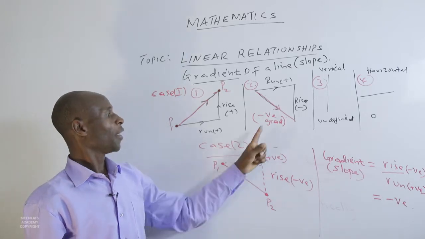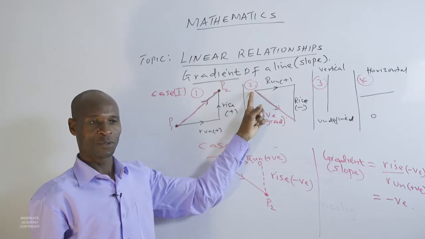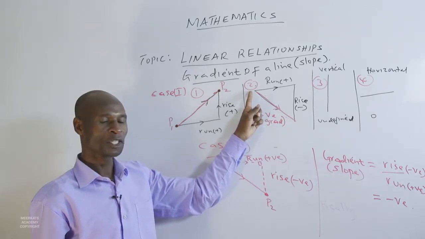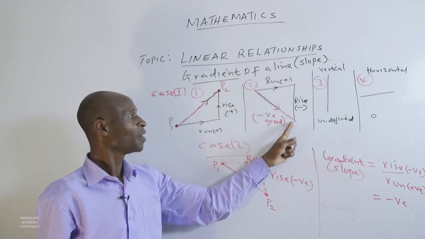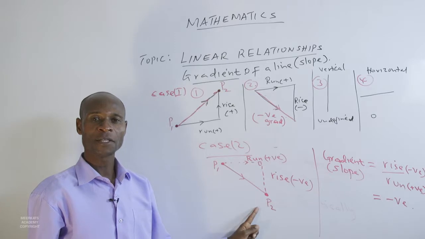Now, the gradient is negative because the y values are decreasing from the first point to the next point. From point 1 to point 2, the y values are decreasing.